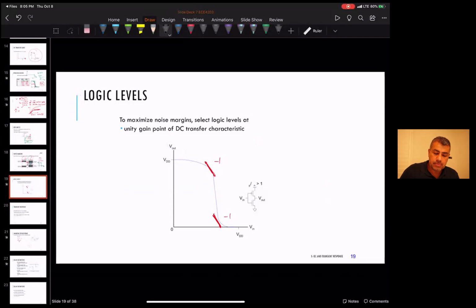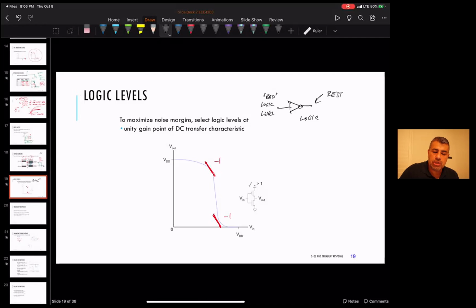Well, going back to early on in the class, we said that one of the key things about the logic gate was that you needed it to have gain. That means if you had a bad logic level, as long as it wasn't too bad, you would get the logic level restored.